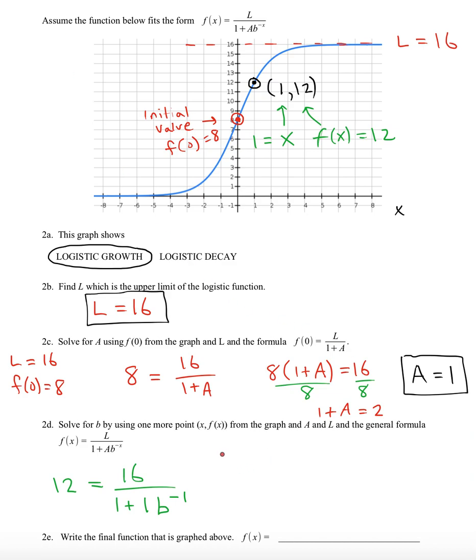Okay, we'll solve that. 12 times 1 plus 1 over b equals 16. 1 plus 1 over b is 4/3. Minus 1 minus 1. 1 over b is 1/3. Therefore, b must be 3.